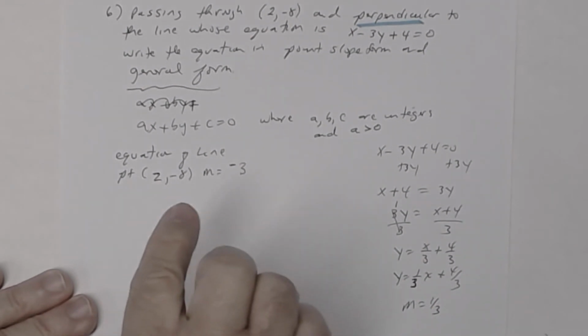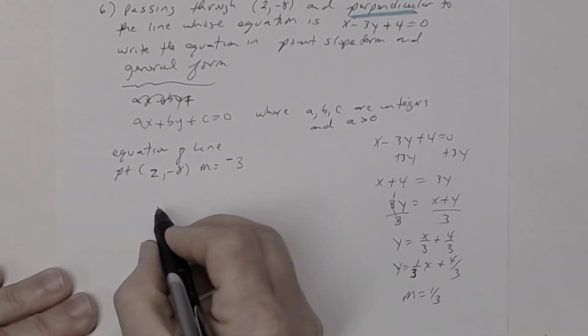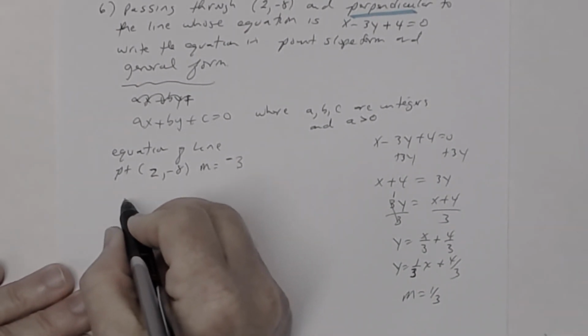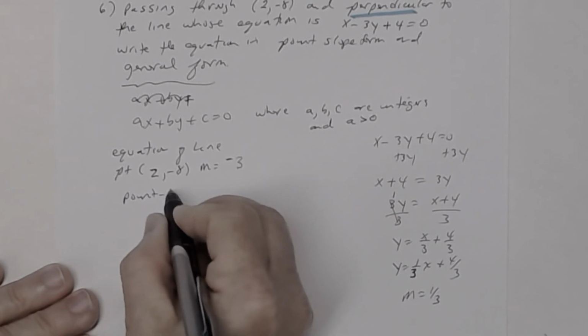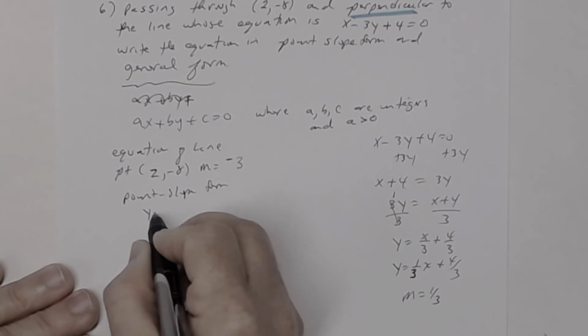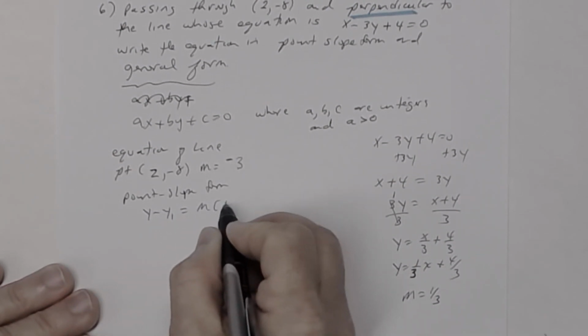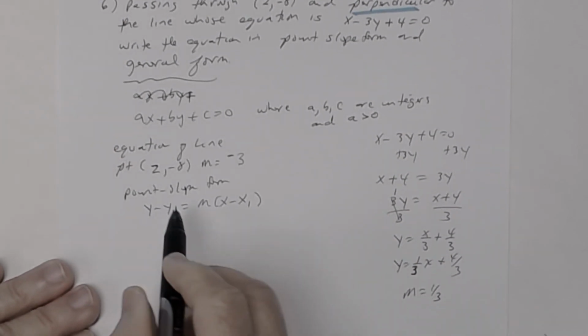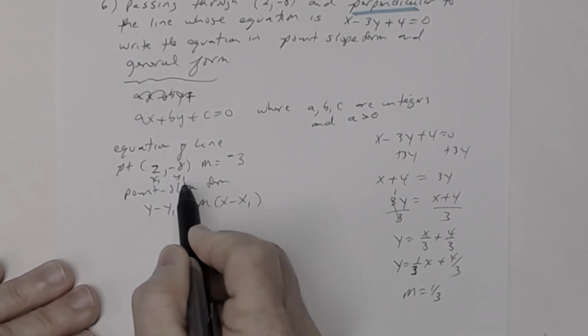You just substitute that into the formula. Point slope form is y minus y1 equals the slope times x minus x1. And so here's your x1, here's your y1.